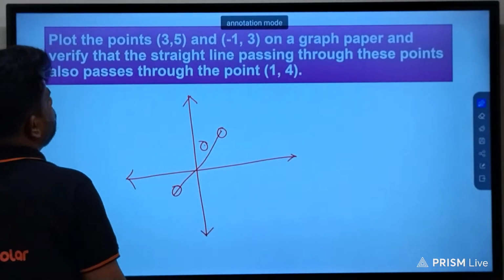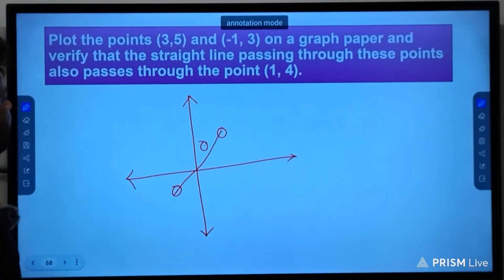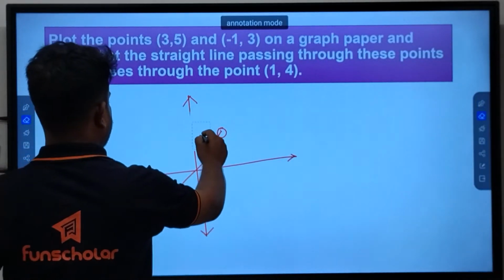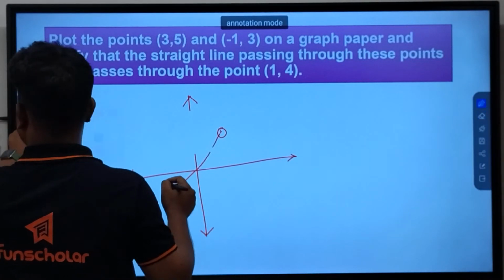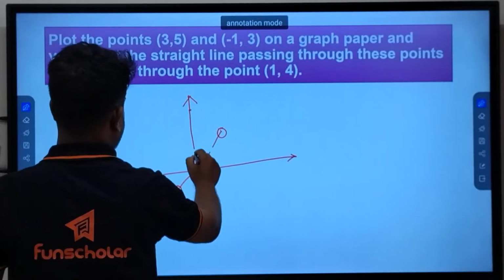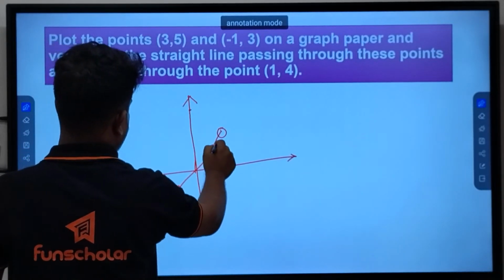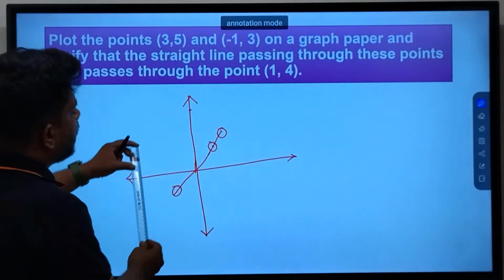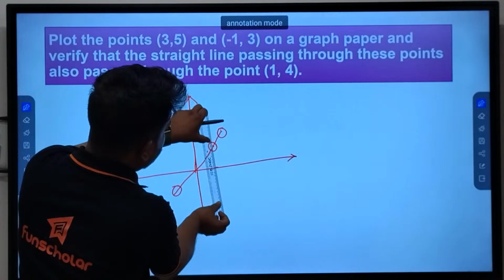So maybe it is passing here, or maybe it is not. You can just check this by plotting a point here.